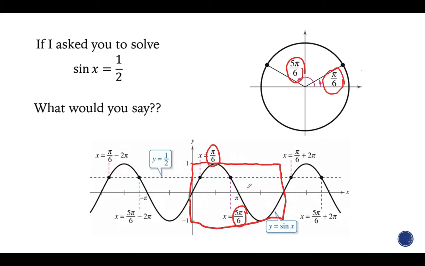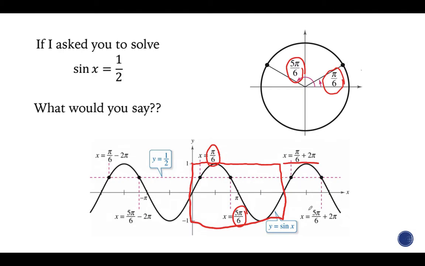So we have our sine graph and we have 1/2, and we're looking at all of these points where they intersect, right? Well, every 2 pi units, these two solutions are going to repeat themselves, right? So if I add 2 pi to pi over 6, that's going to give me a whole other angle where sine does equal 1/2.